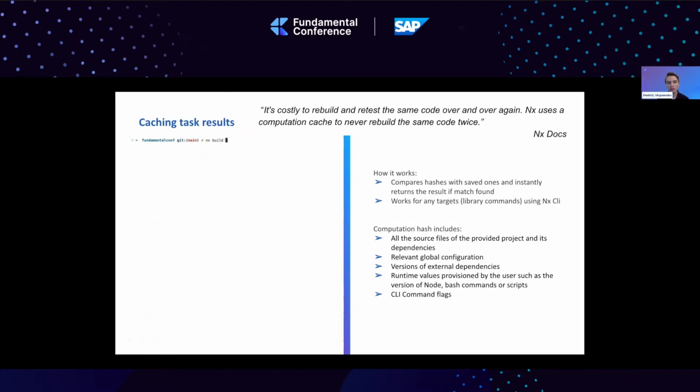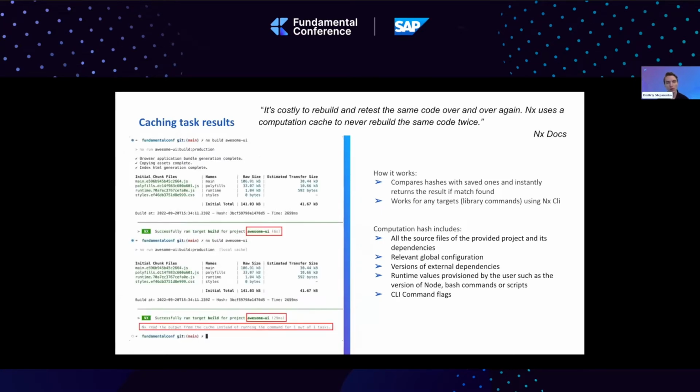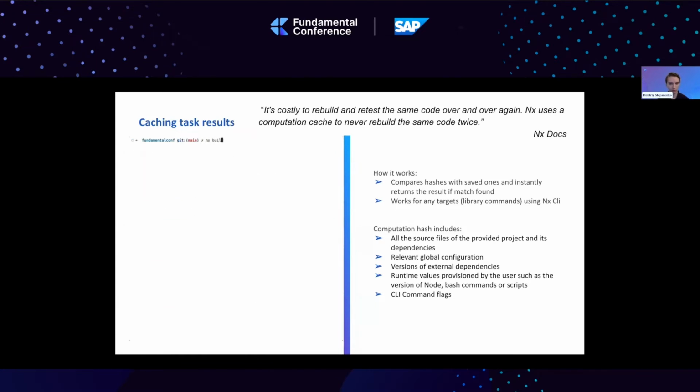It also includes relevant global configuration and versions of external dependencies, for example, from package.json, right? It also includes CLI command flags. So when you run build command with a production flag, it won't retrieve results of a dev build, obviously.